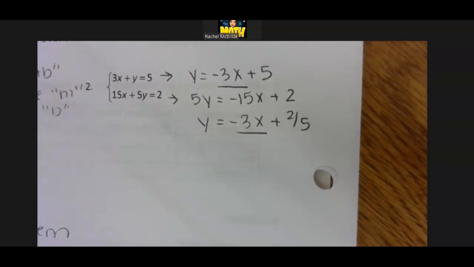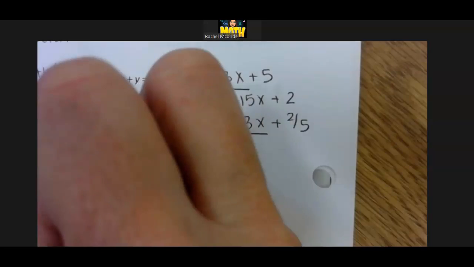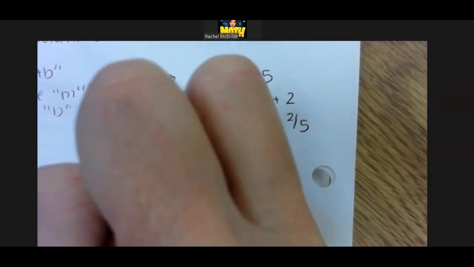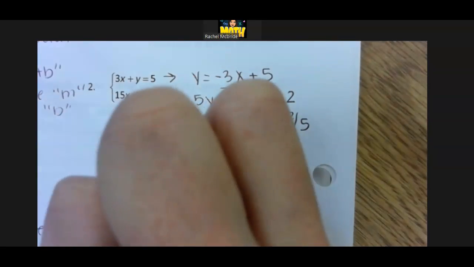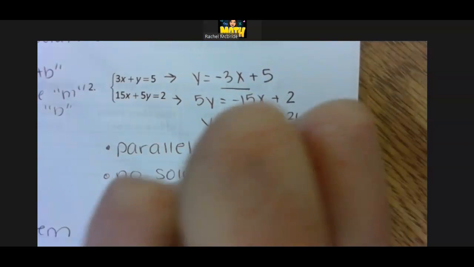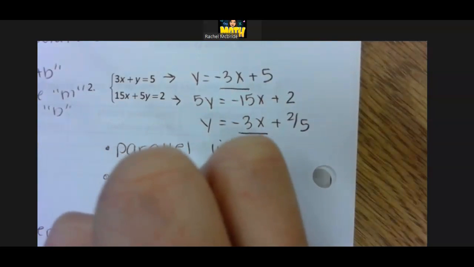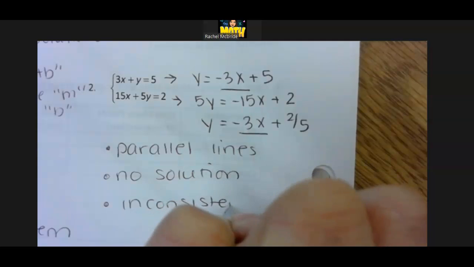So same slope, different y-intercept makes them parallel lines. Parallel lines have no solution, and they are inconsistent.